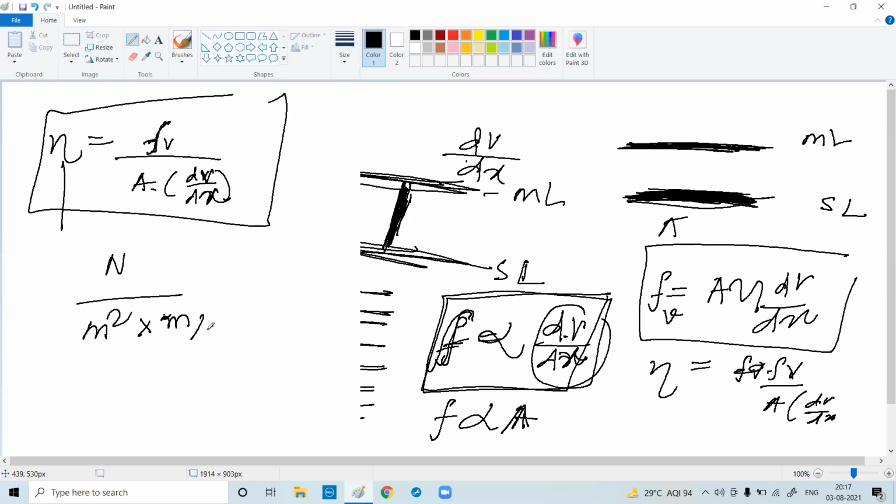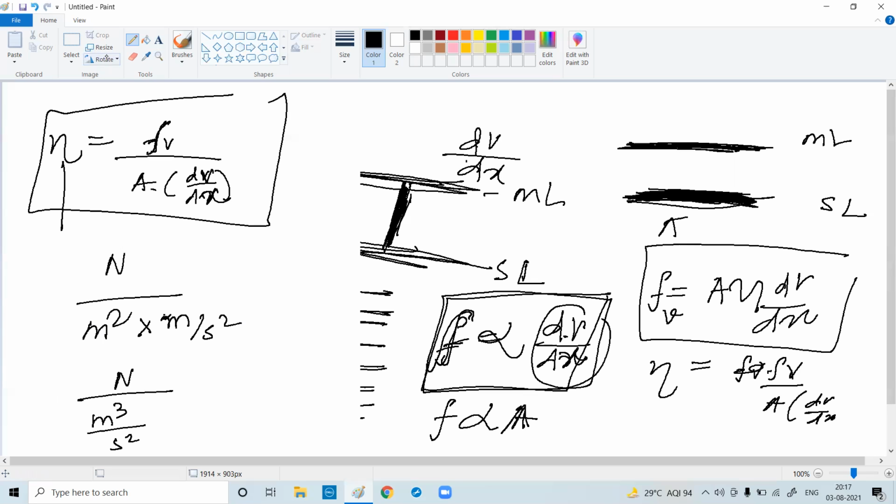Meter per second square? dv by dx, no? Velocity. How is the velocity changing with respect to distance? So how will we write? It will be Newton by meter cube per second square. Any mistake I did? Meter per second?